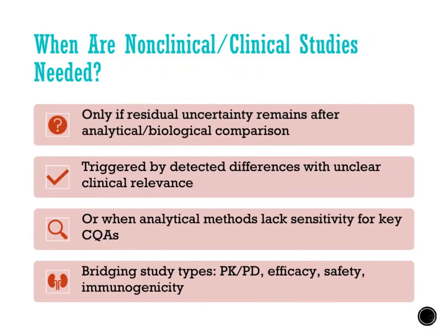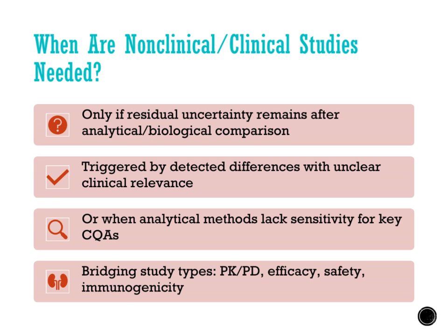Now this slide answers the question everyone asks. Do we need clinical bridging? Q5E says, move beyond analytics only when necessary. You need non-clinical or clinical studies if quality differences are detected and their clinical relevance is unclear, or analytical methods can't confidently rule out meaningful structural or functional change.